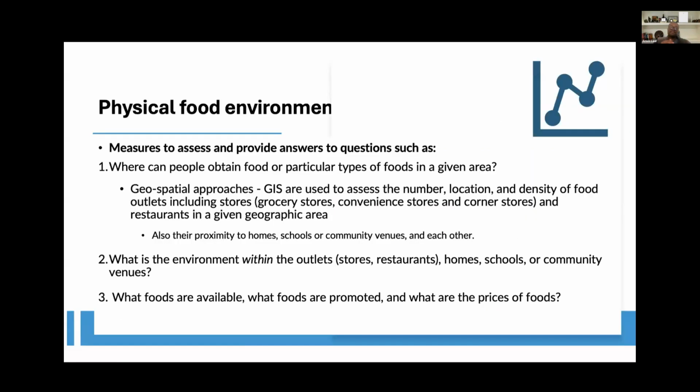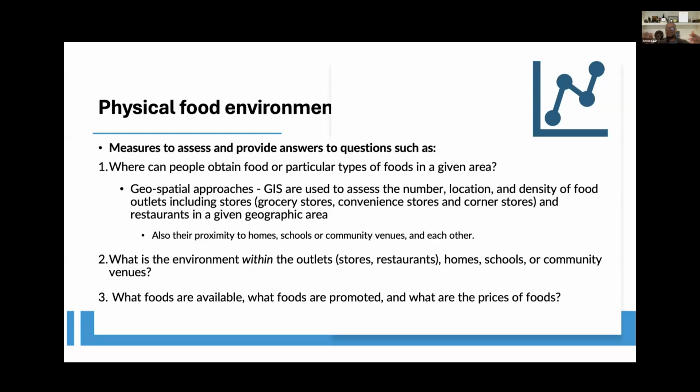If you begin with the physical food environment, this focuses on measures to assess and provide answers to questions such as this: where can people obtain food or particular types of food in a given area? And so approaches including geospatial measures.